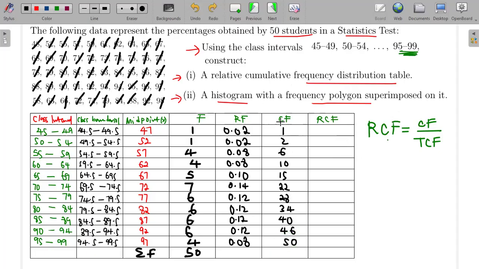So 1 divided by 50, I get 0.02. 2 divided by 50, I get 0.04. 6 divided by 50 gets 0.12. 10 divided by 50, I get 0.20. 15 divided by 50 is 0.30. 22 divided by 50 gets 0.44. 28 divided by 50, I get 0.56. 34 divided by 50 gets 0.68. 40 divided by 50 gets 0.80. 46 divided by 50, I get 0.92. 50 divided by 50, I get 1. So that is my relative cumulative frequency.